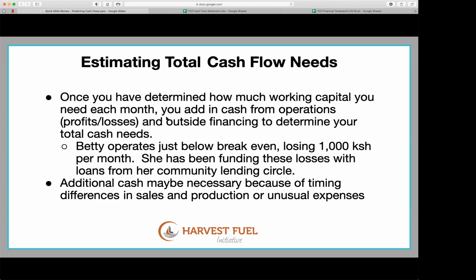So you just basically know you need a cushion. Over time, you should know what your cushion should be, but you can start with a 10% cash cushion, just to have that in the bank, so that the truck needing a new battery doesn't put you out of business because you don't have any cash to fix it.